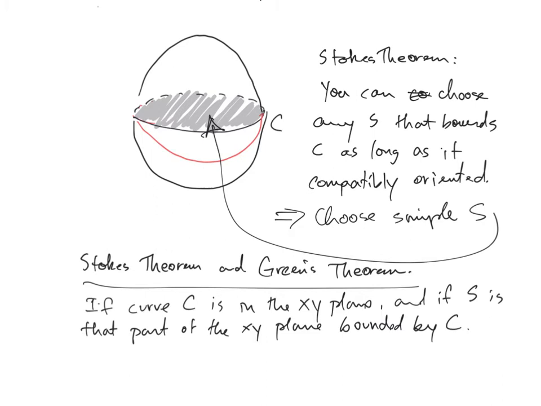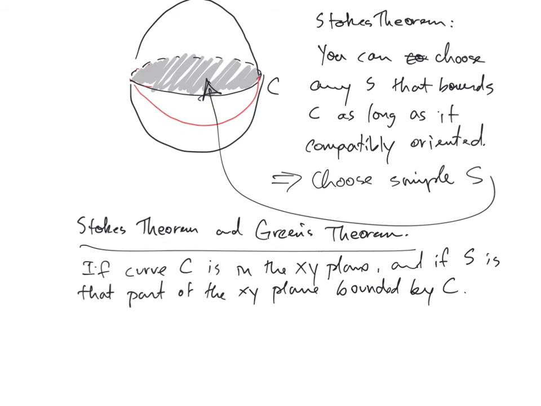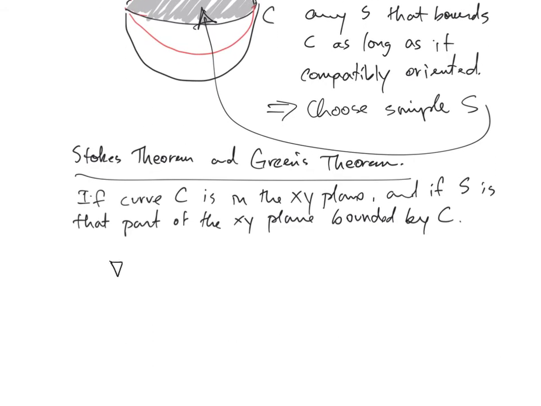Well, that curl of F in the surface integral in Stokes' theorem is just going to be equal to, and you can check this on your own if you want, the curl of F dot n hat. So you've got curve C going, again, if this is the xy plane, the table is the xy plane, and my curve C is a circle going counterclockwise, then n hat is going to point up from the xy plane. N hat is just going to be k hat, the unit vector pointing in the z direction.